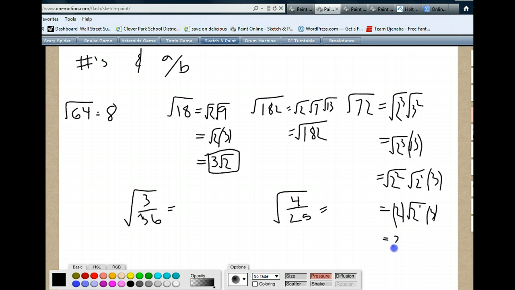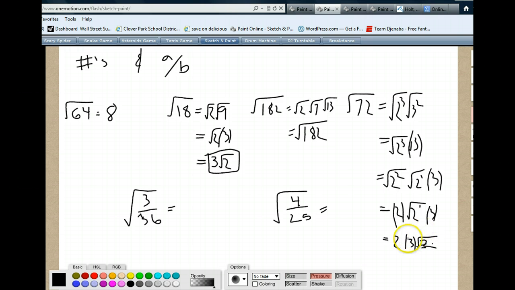So 2 is going to be multiplied by 3, and then what's left over is that square root 2.